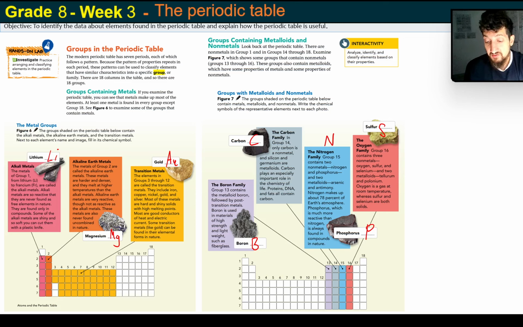We've got the boron family, which is the group here that starts with boron. The carbon family, this group here that starts with carbon. The nitrogen family, this group here that starts with nitrogen. The oxygen family, this group here. Over here we've got the halogens, and over here we've got the noble gases.